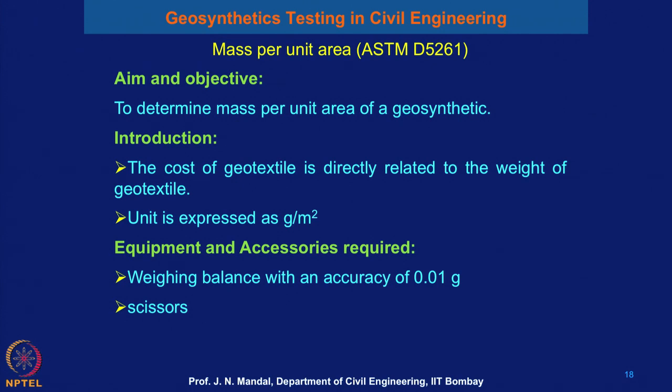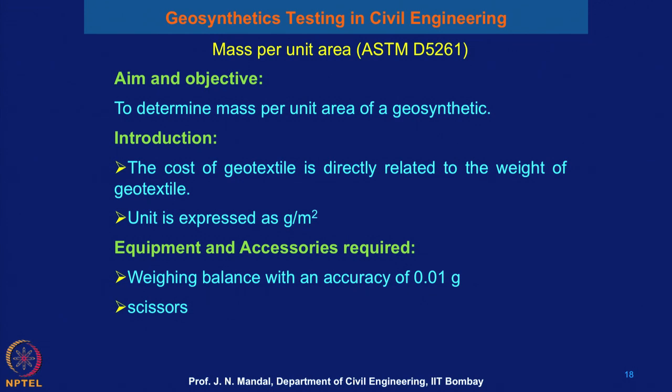If the gram per meter square is more, the cost of the geosynthetic material will also be more, but you have to select what gram per meter square is required for the specific application and how you can perform the test.